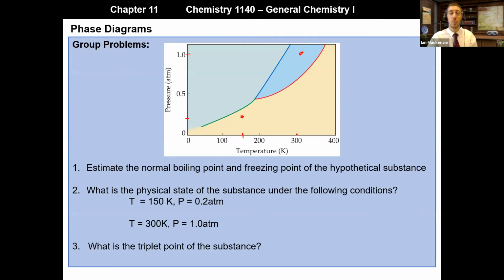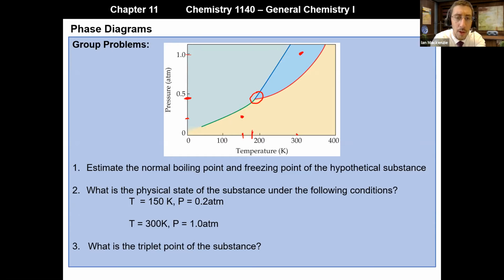Then finally, I'm asked, what's the triple point of the substance? The triple point is where all three curves intersect. The sublimation, the melting, and the vapor pressure curve all intersect. So that is this value right here, which occurs slightly under 0.5. Maybe we're at 0.45 for the pressure, and we occur just slightly below 200.